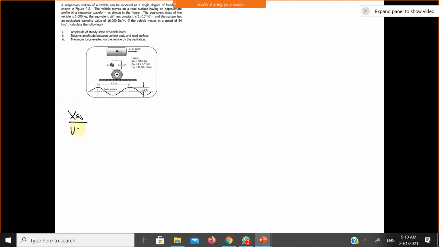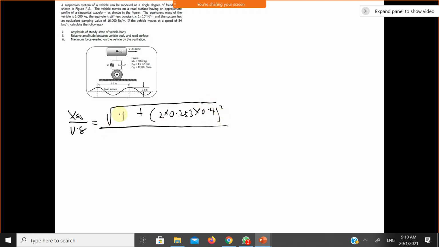Y0 is 0.8 over formula 1 tambah 2 zeta R squared. 1 plus 2 times 0.253 times 0.4 squared over 1 minus 0.4 squared plus 2 times 0.253 times 0.4 squared.